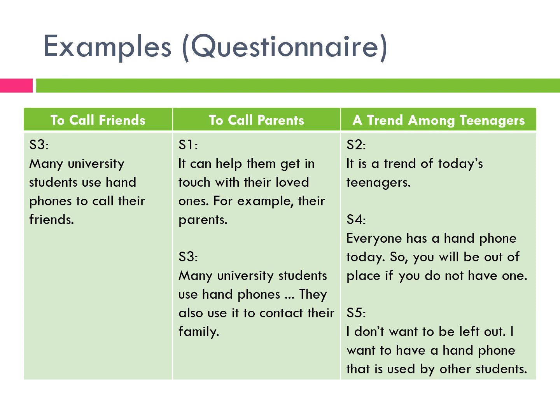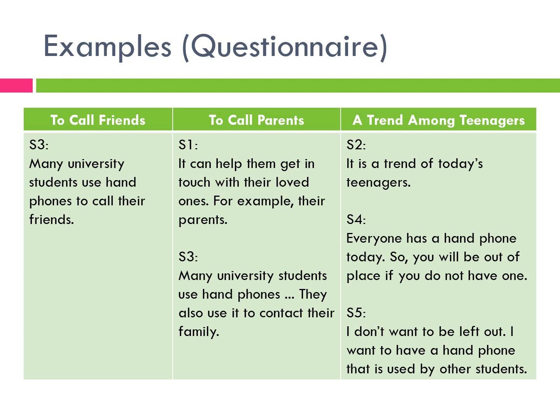Student 3 also says it is for him or her to call friends. So friends and parents are two different things, so you put it under a different category. Okay, so you put in another new category: to call friends.